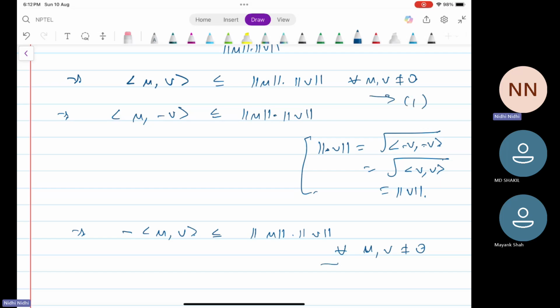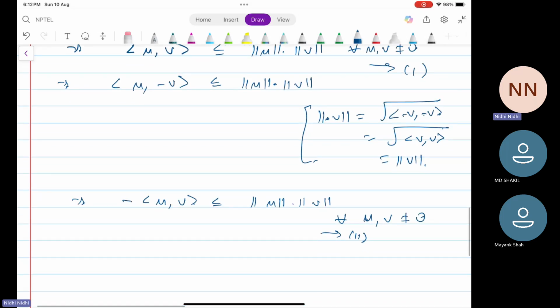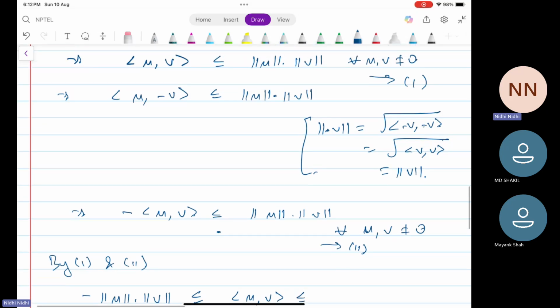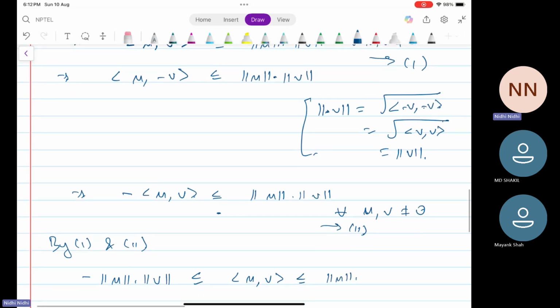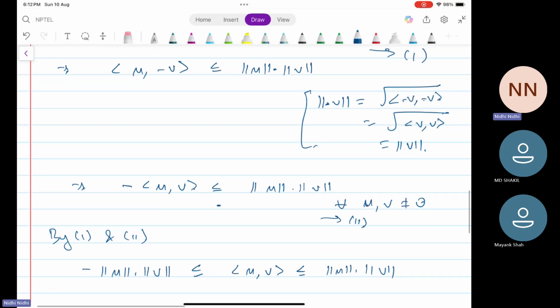By first and second, we can write, multiplying the second by minus 1, we'll get minus norm u norm v is less than or equal to the inner product of u, v. And by first, this is less than or equal to norm u, norm v.